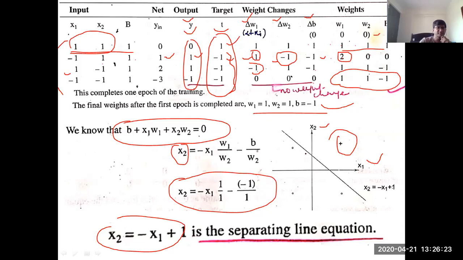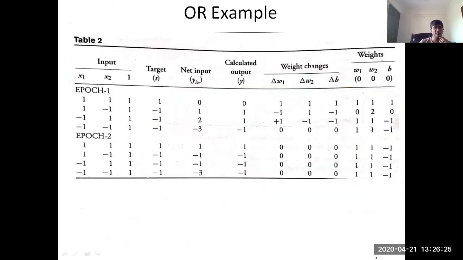Now, this is an example of the OR function where it takes two epochs. If you look over here, after the first epoch, we get the calculated output value and the target value. We can see that for all the values it is not the same, so we would go for epoch 2.